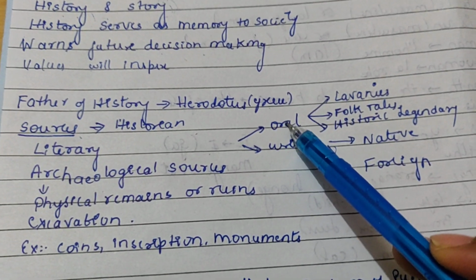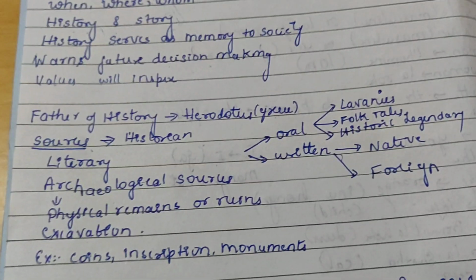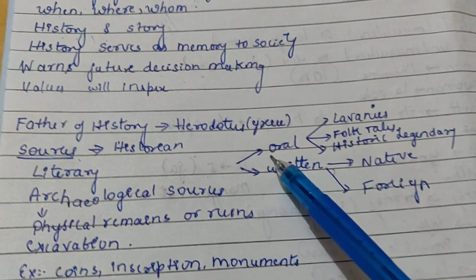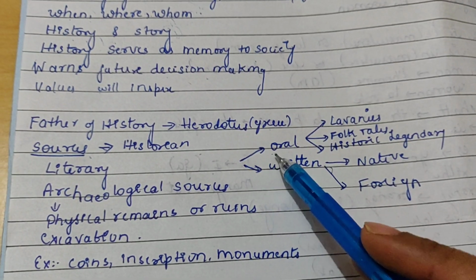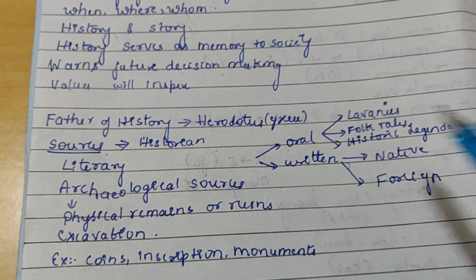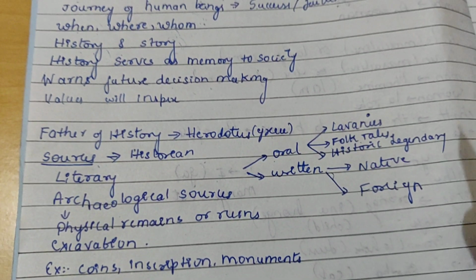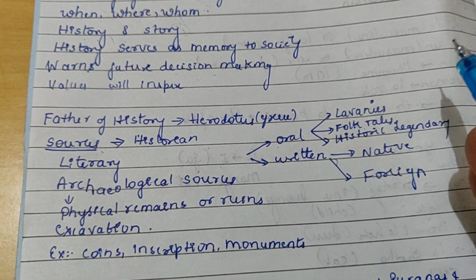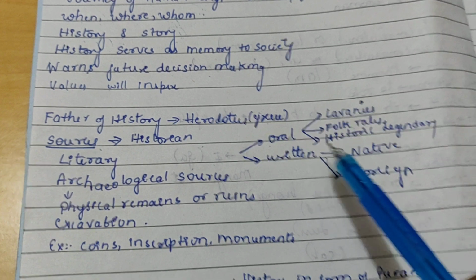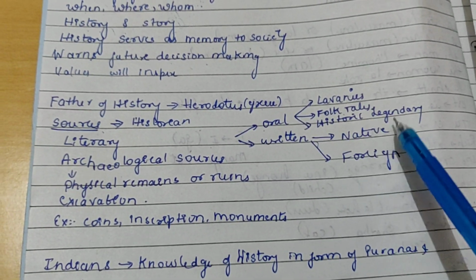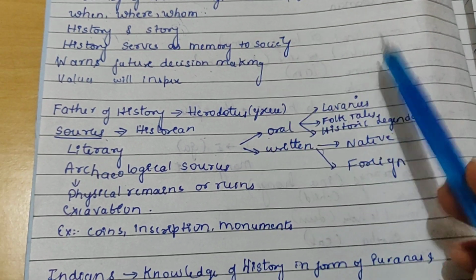Literary sources can be oral or written. So what is an oral source? An oral source is constructed by illiterates, like some folk songs, folk tales or folk stories, which are passed from one generation to another. An example is Lavani folk tales or some historic legends. So this is passed from one generation to another orally.